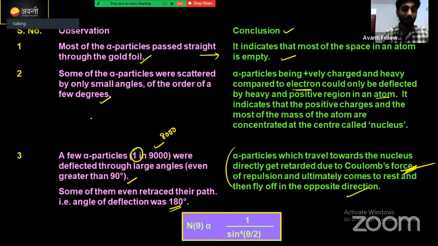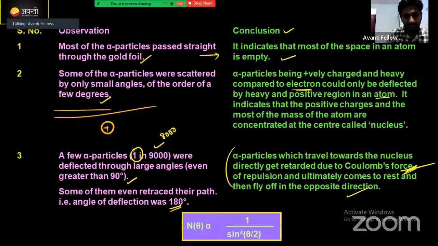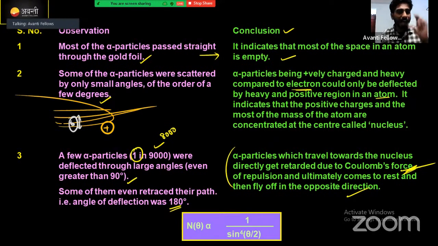Look, they will ask about the number of particles scattered in one unit length. With a positive charge nucleus, the alpha particles coming in get deflected. If you consider this length, you can call it the impact parameter. In this unit length, how many alpha particles are scattered?